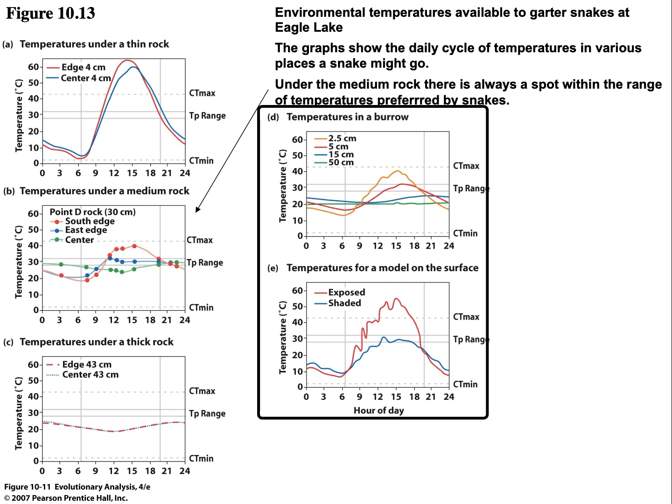They also measured temperatures inside the den of the snake, as well as on the surface, either exposed or shaded regions, and found that the den temperatures maintained a more or less steady temperature. They would only come out when it got too cold, and if it got too hot, they could go back down into the den to maintain their temperature.